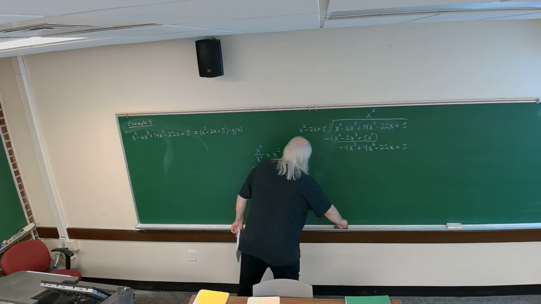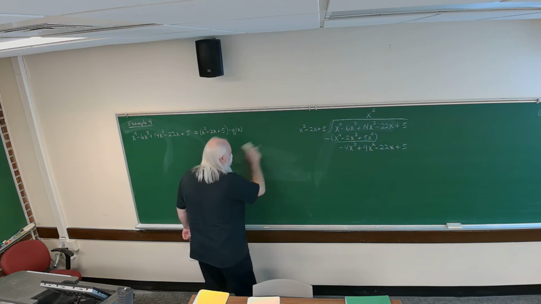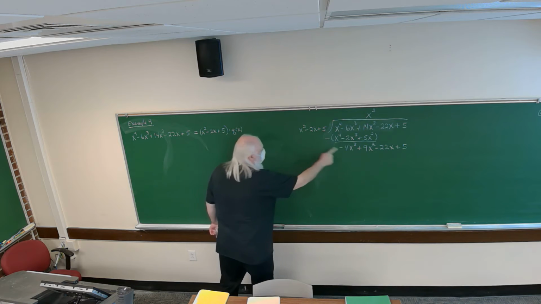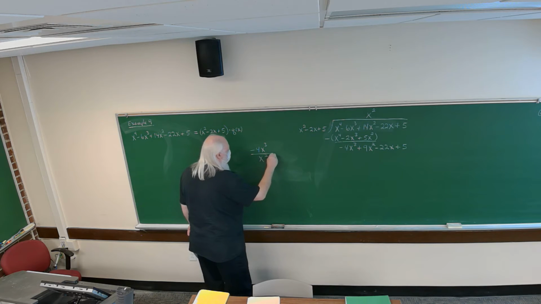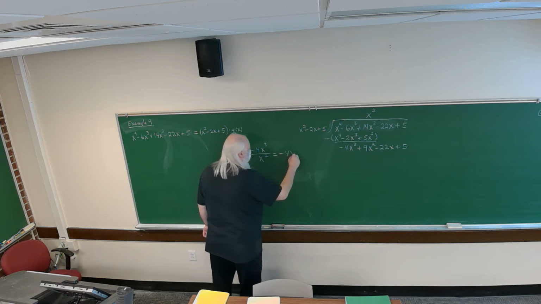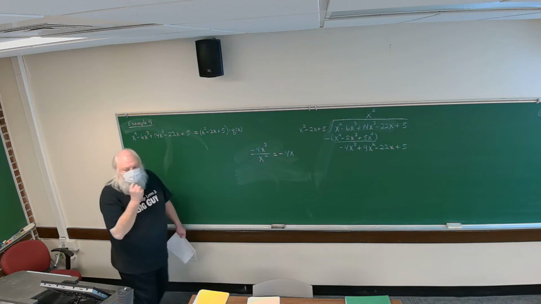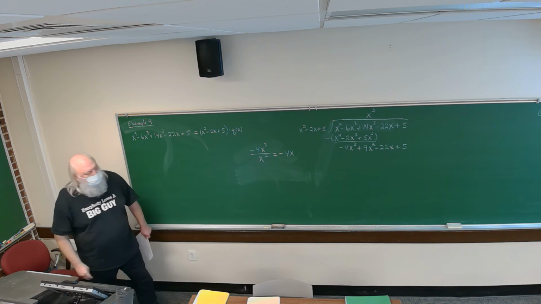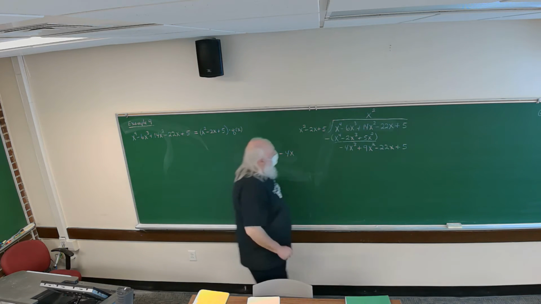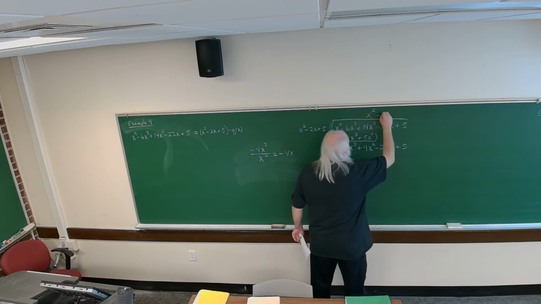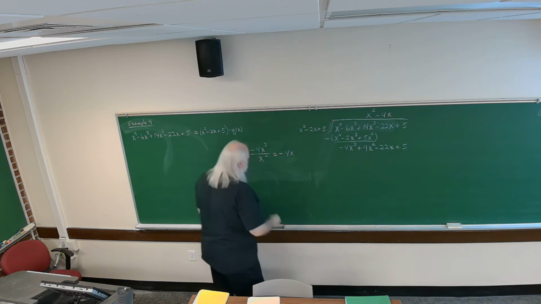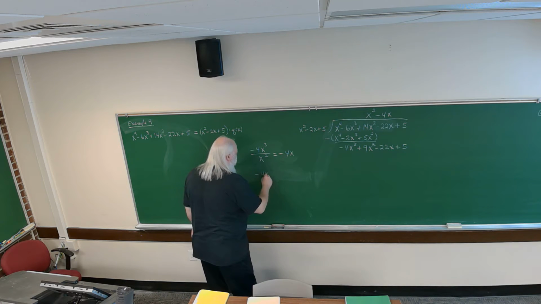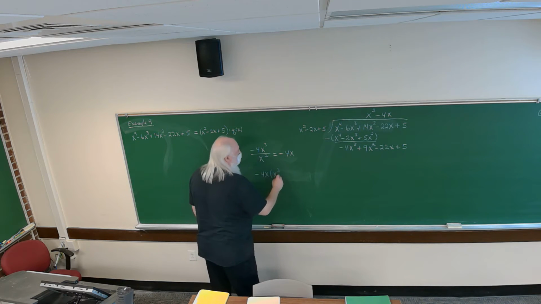So now you have to ask yourself, how many times does x squared go into minus 4x cubed? Minus 4x times. You just use the rules of exponents. So minus 4x goes up here in the quotient. And now you have to multiply minus 4x times the divisor.